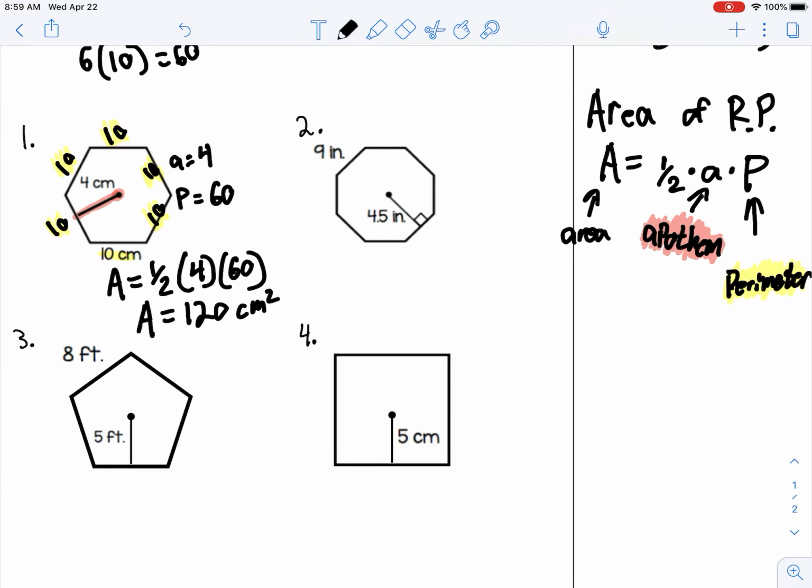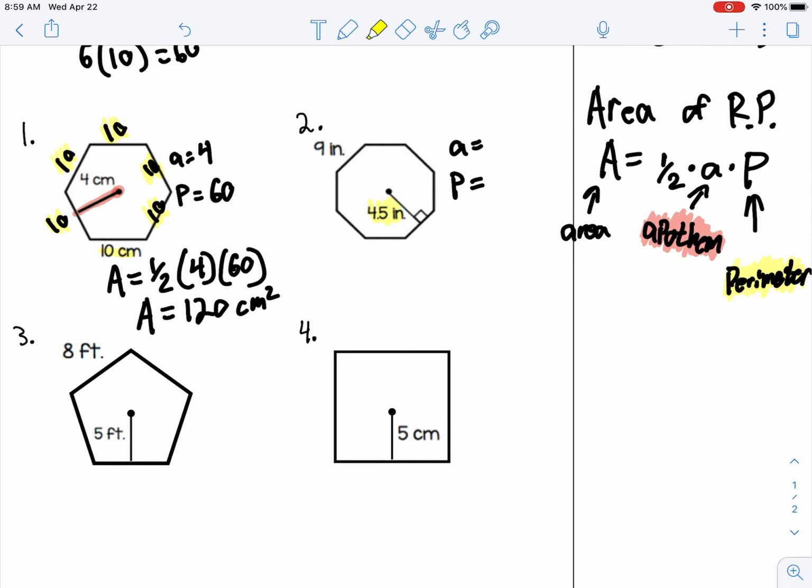Alright, so the next one. Number 2, my A, my P, I like to figure out what those are. In this problem, my apothem is 4.5, so I'm going to write 4.5 here. And my perimeter, instead of adding up all the sides, I'm going to count how many sides I have, then multiply that times the length of one of those sides.